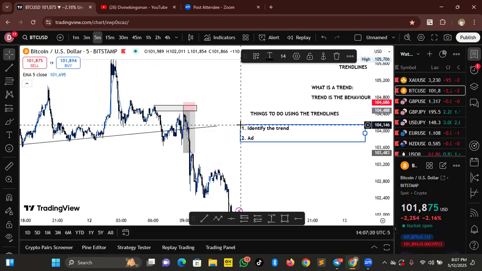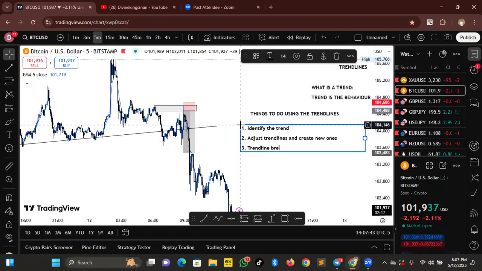Then the next thing to do is to adjust trend lines, so I can explain all of them easily, and then create new ones. The third one will be using trend lines for trend line breakout. These are the things you can do.